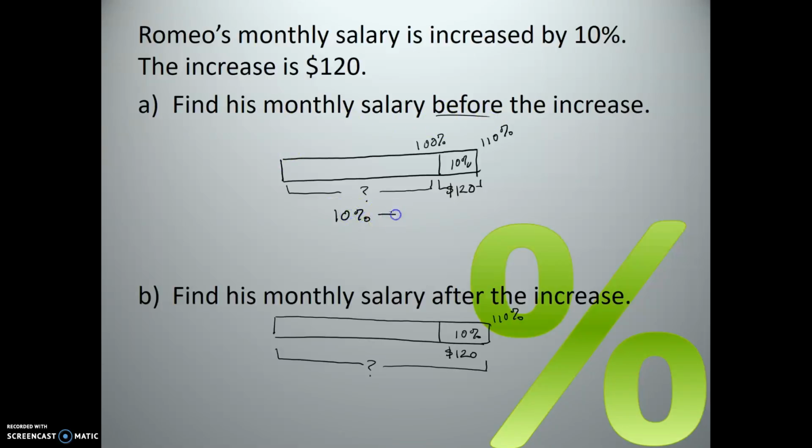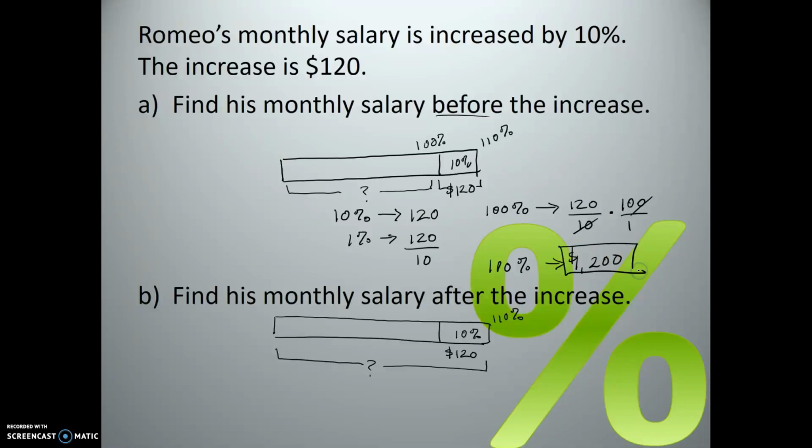So 1% is $120 over 10. 100% is going to be $120 over 10 times 100 over 1. And I can cross cancel here, can't I? So 100%, if we solve that, we have 120 times 10, which is $1,200. So that's his monthly salary before the increase.